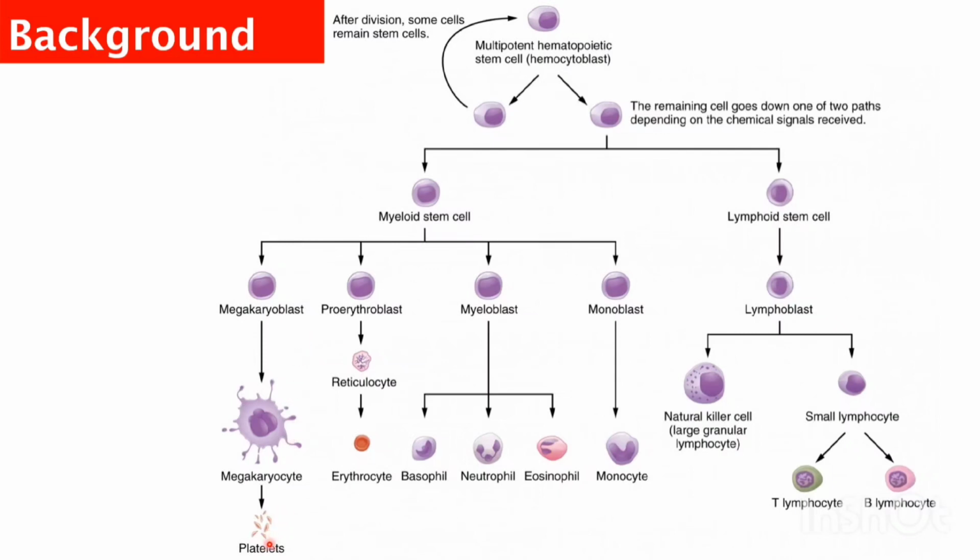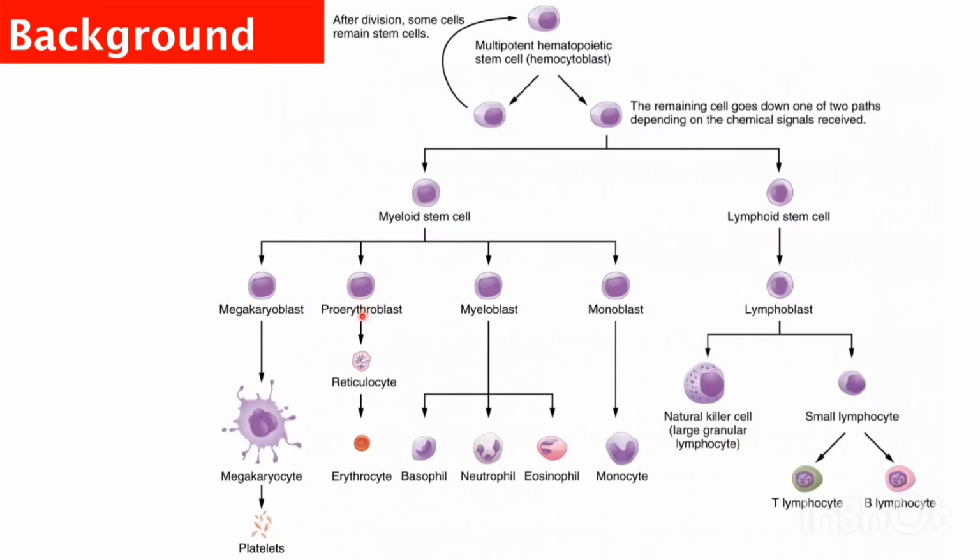Platelets or thrombocytes. Megakaryoblast is a blast cell that will further differentiate, if everything is normal, to platelet.